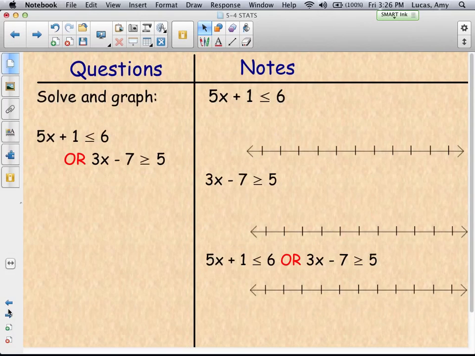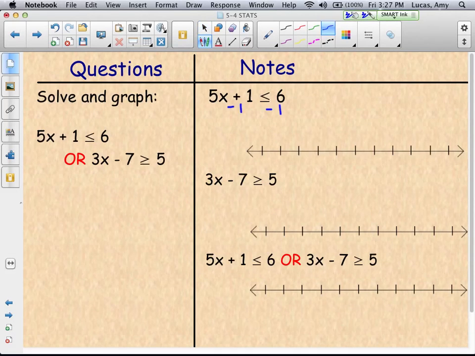My second one, you may notice that these numbers are looking pretty similar by now since we've solved these same inequalities over and over.